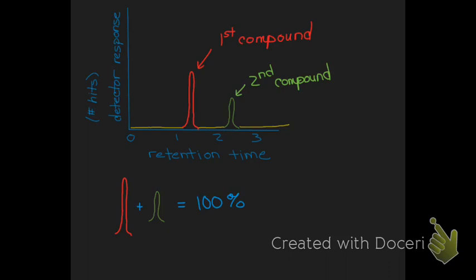If I were to sum together the area of both signals and call that 100% of the signal, well, then I can figure out what percentage of that 100% corresponded to the green, and let's say it was 34%. Then the red part would be 66% of that total 100% area, which tells me that my mixture was 66% A and 34% B.